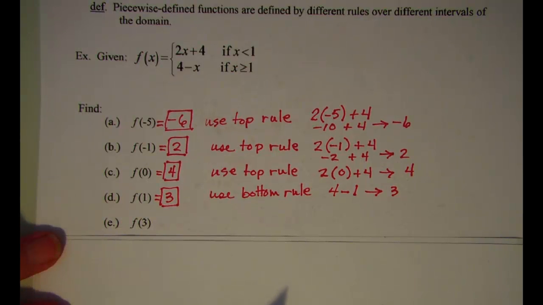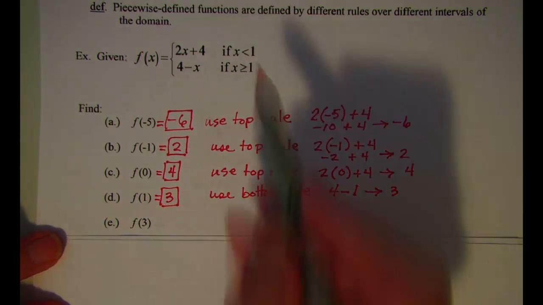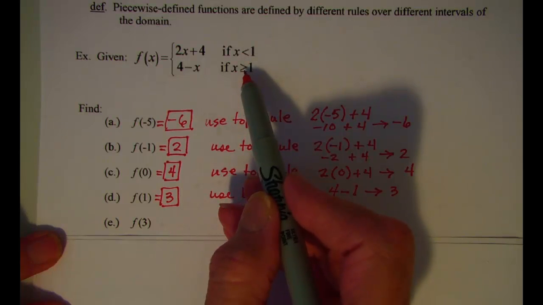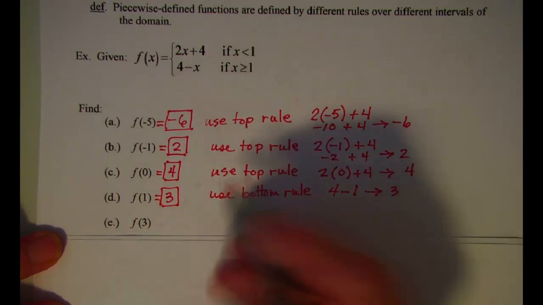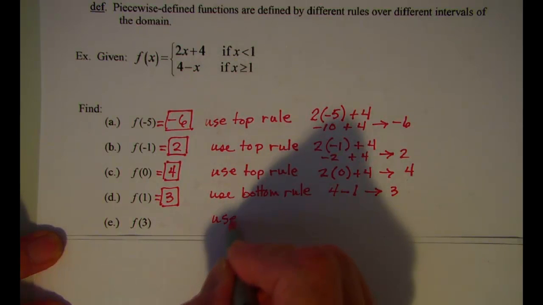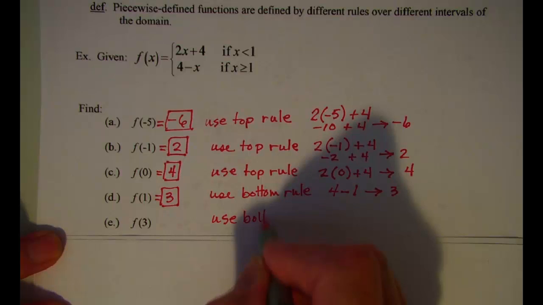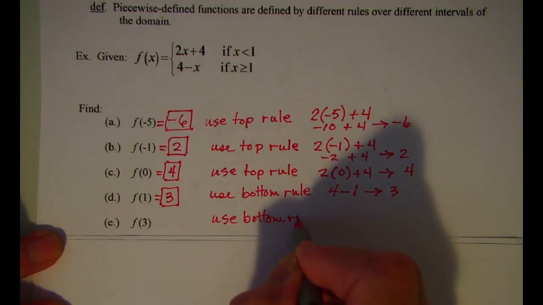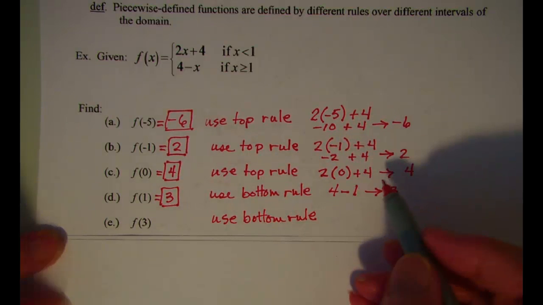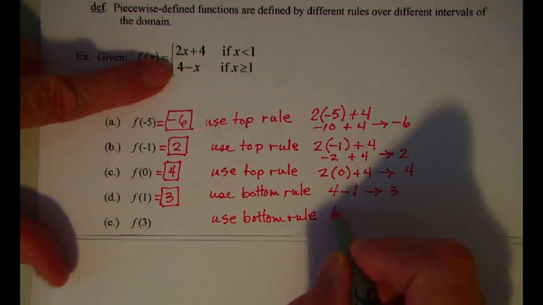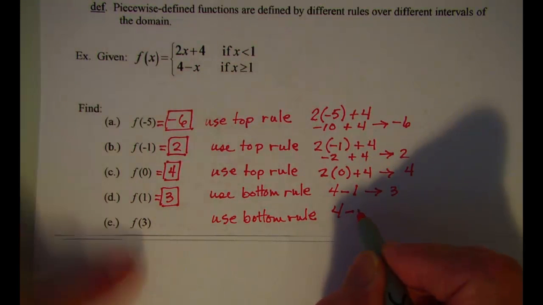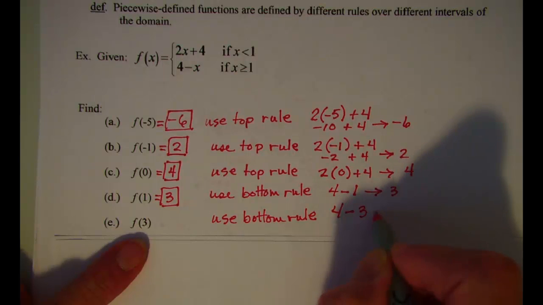To evaluate f of 3, since 3 is greater than 1, I'll be using the bottom rule. And that says that 4 subtract x, and my x is 3.